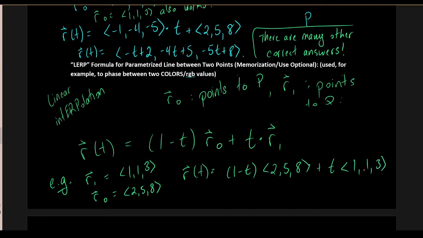And you can actually check that if you do the vector arithmetic to combine these 2 vectors, then the result will be exactly the same as what we got before.